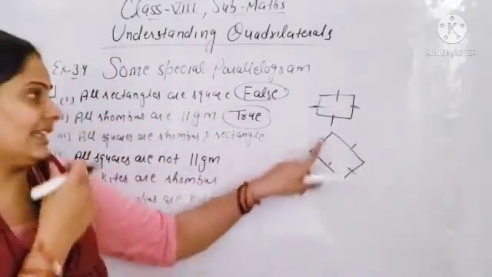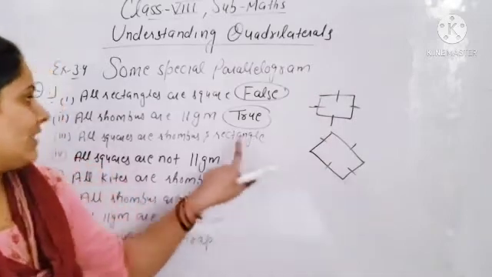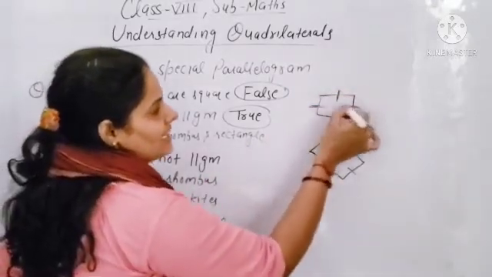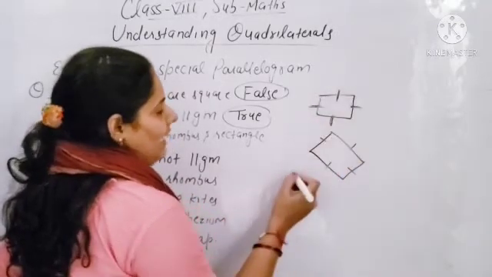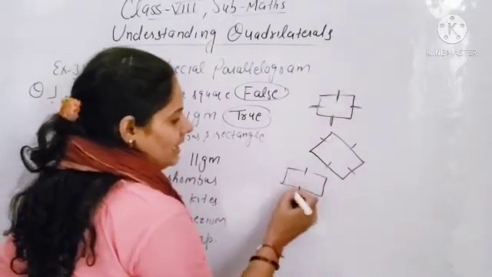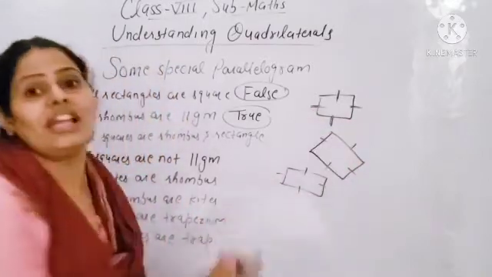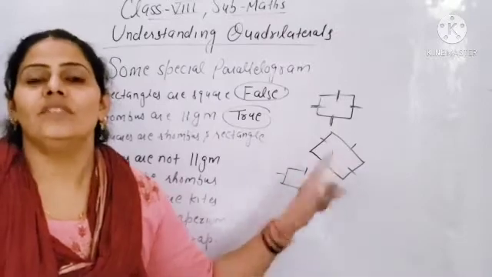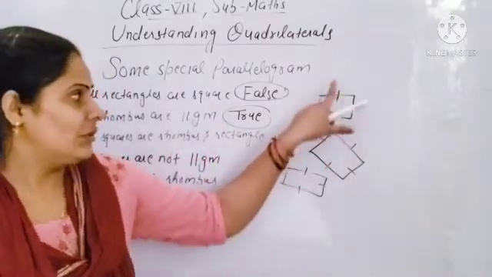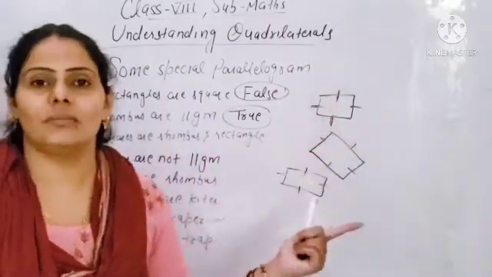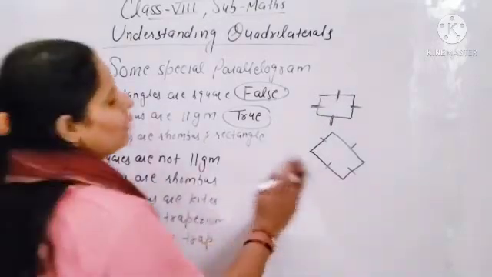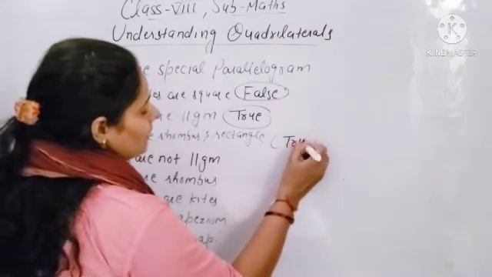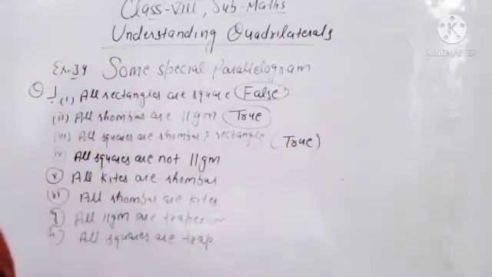It means a square can be a rhombus, and a square can be a rectangle, because in a rectangle opposite sides are equal in length. So a square satisfies the condition of a rectangle also. So it can be a rhombus and it can be a rectangle. So it is a true statement. Clear?